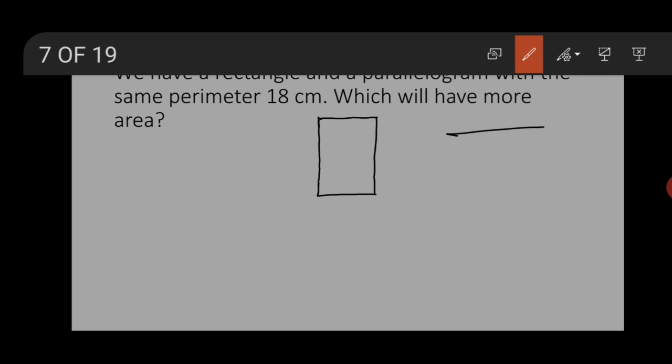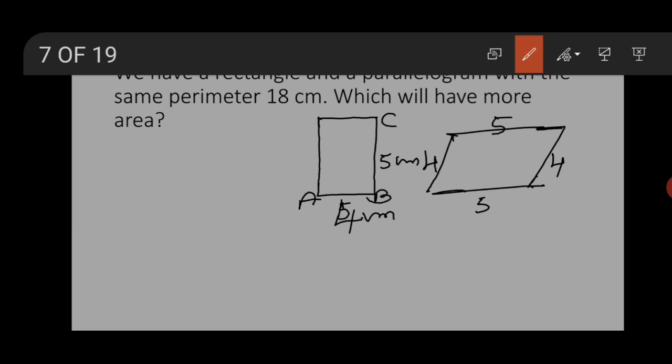Both have the same perimeter. See, this is 5 centimeter and this is 4 centimeter. So perimeter is same. Here this is 5 centimeter and this is 4 centimeter. Then which will have more area?